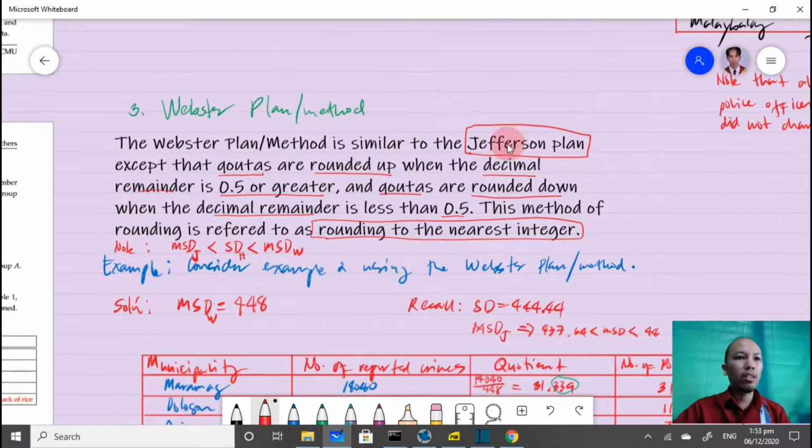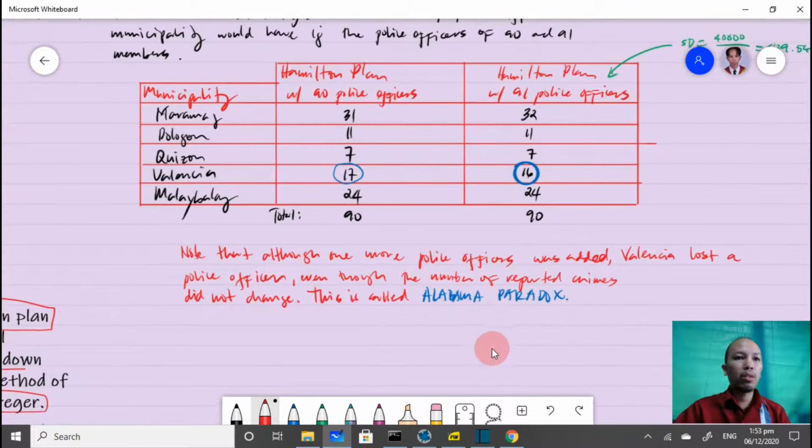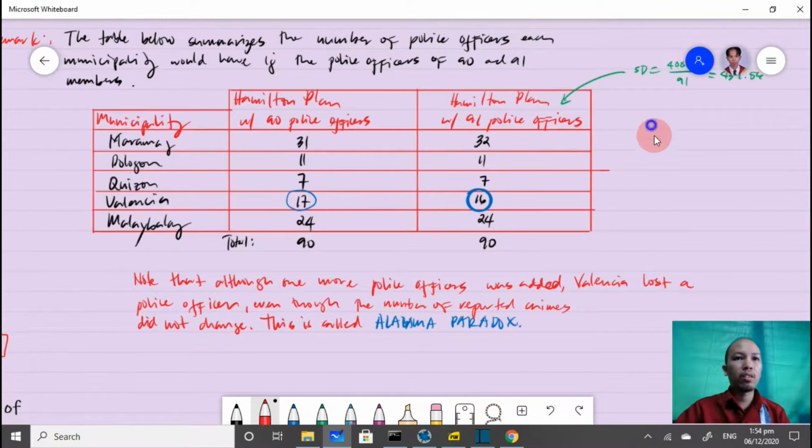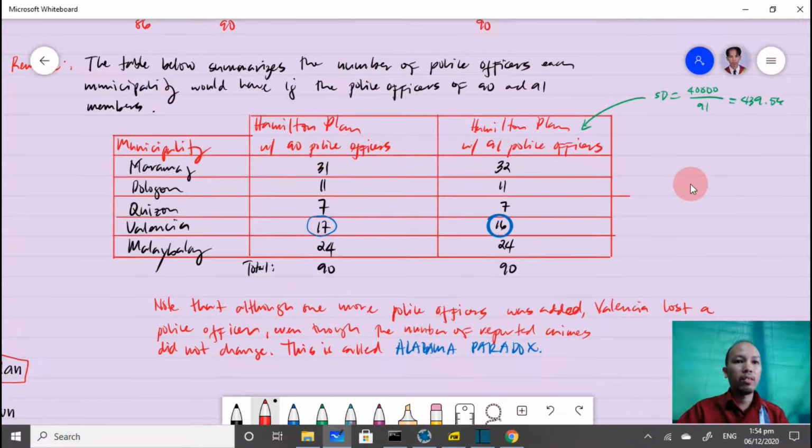We will be talking about the paradox. We notice that our example number 2 violates the Alabama paradox when you are using the Hamilton plan.